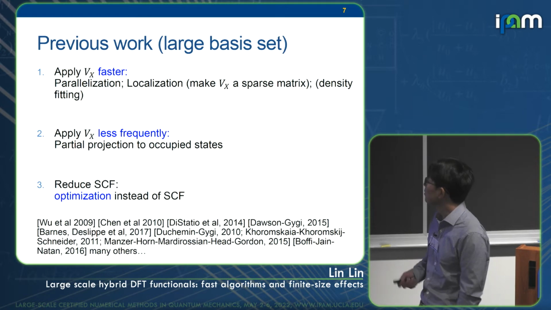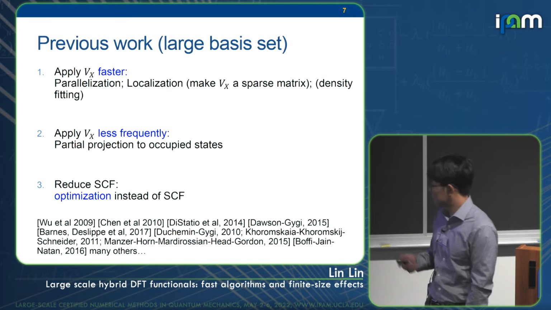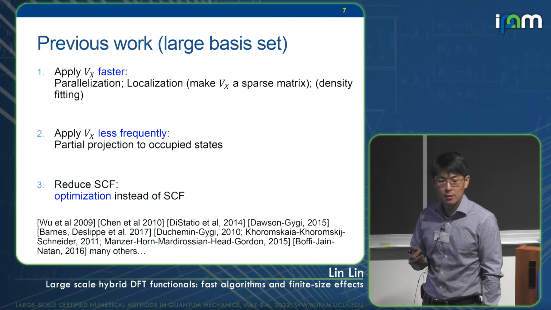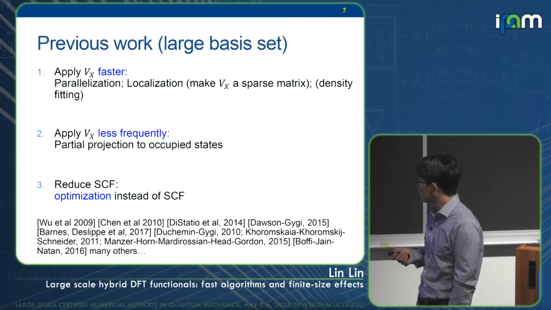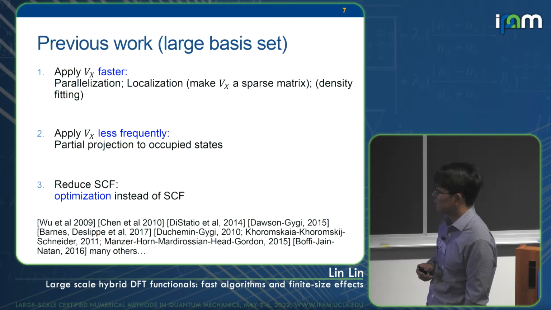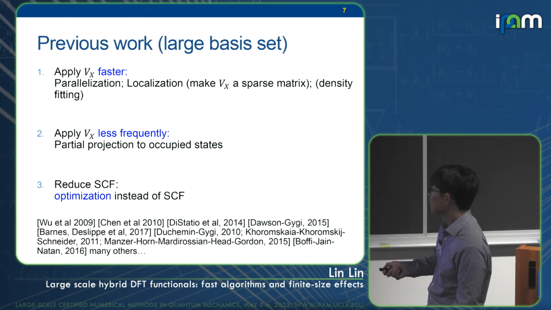They work less well for small band-gapped systems or metals. You can do density fitting, and we heard Chao talk about that earlier this morning. You can also try to apply Vx less frequently. For example, Francois has a number of works on this before. It's this paper, I think.